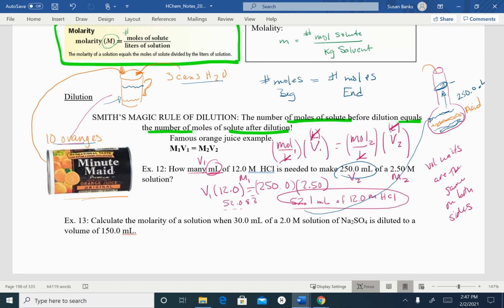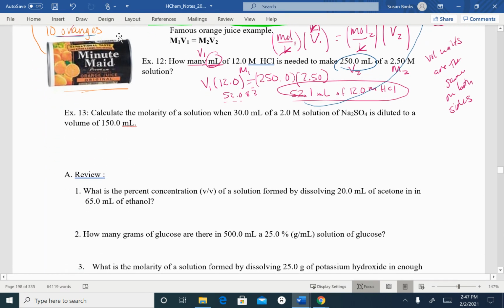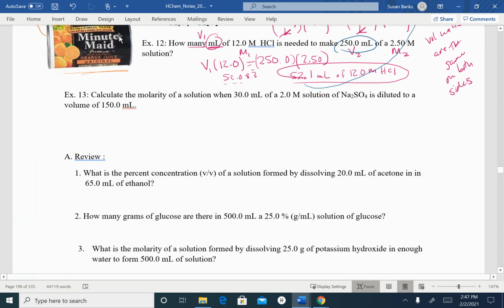Okay, so let's calculate number 13. Calculate the molarity of a solution when 30 mils of a 2 molar solution of sodium sulfate is diluted to a volume of 150. So let's figure out. We've got V1. This is our molarity 1, and this is our V2.